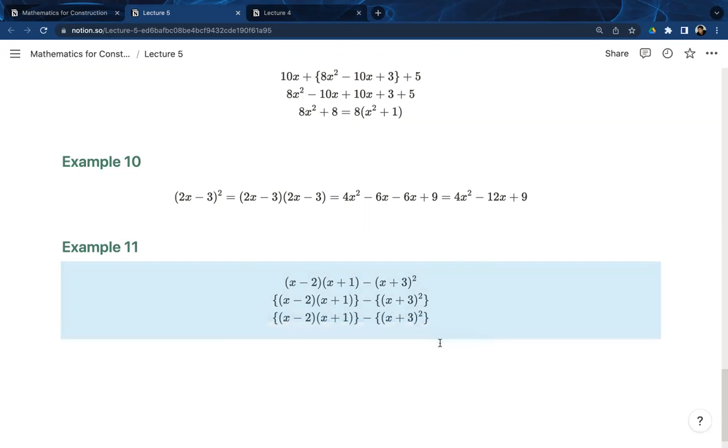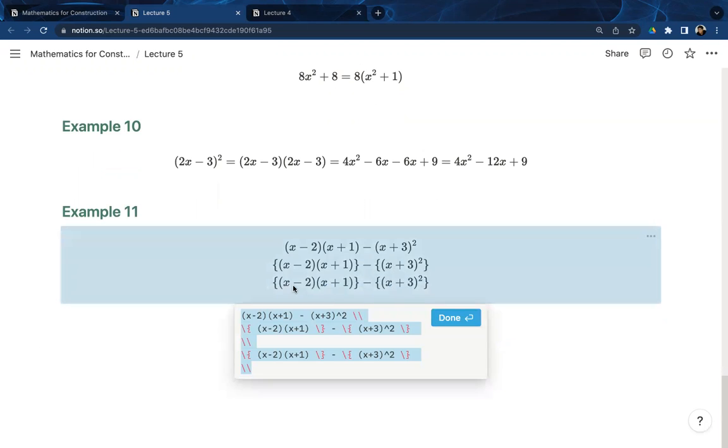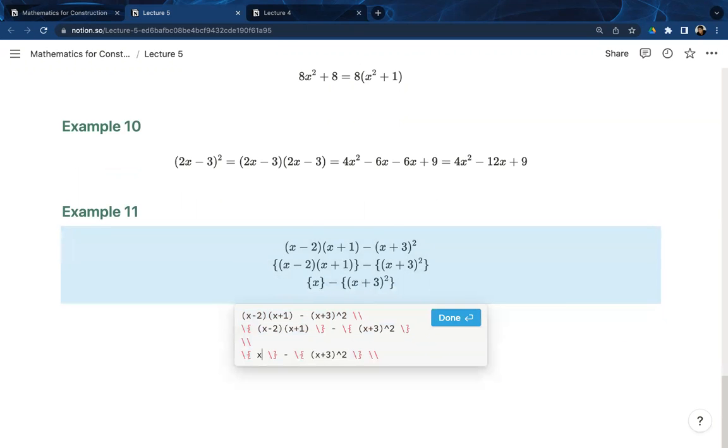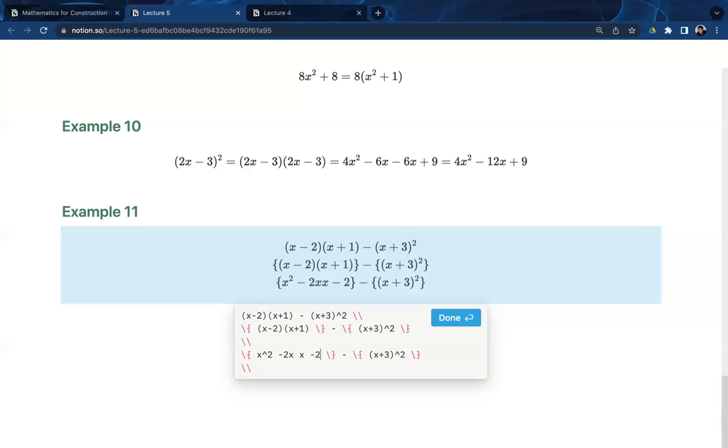So, where do we go here now? X by x, x squared, minus 2 by x, minus 2x. X by 1 is x, and minus 2 by 1 is minus 2.